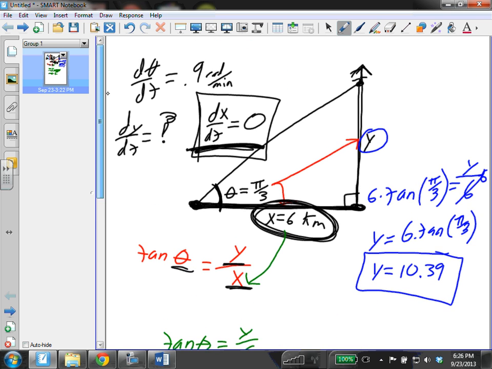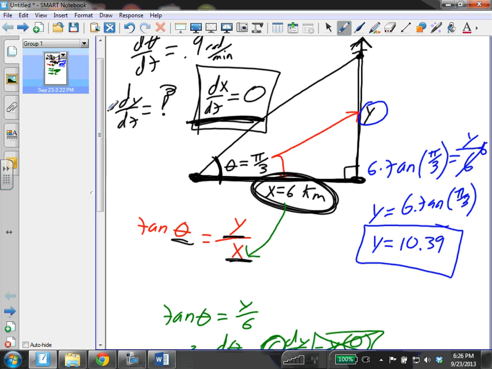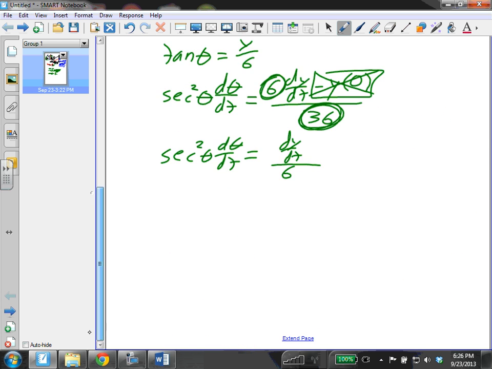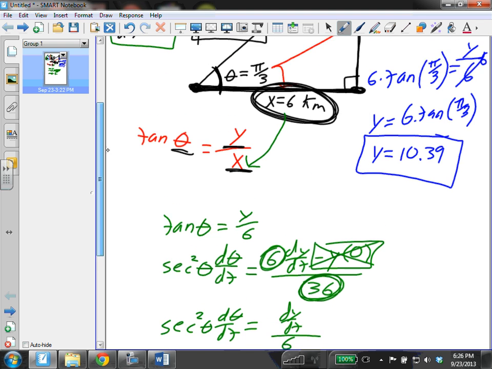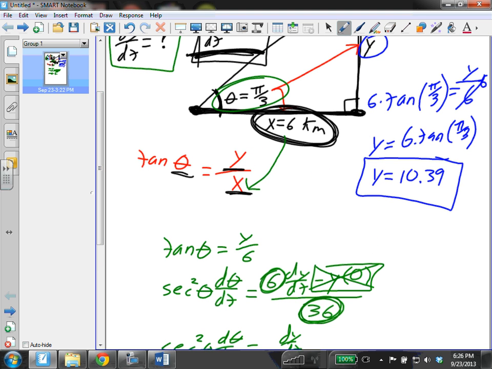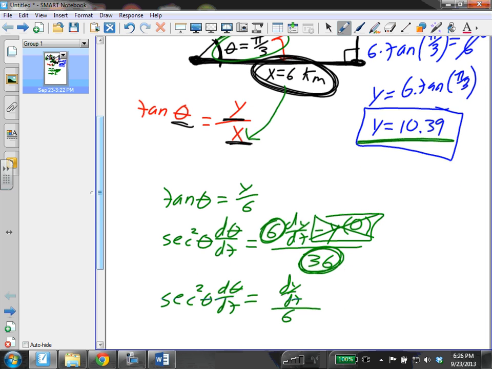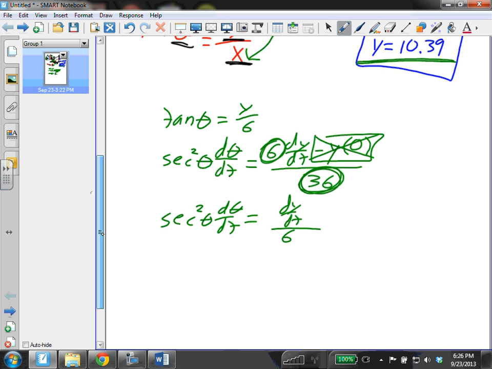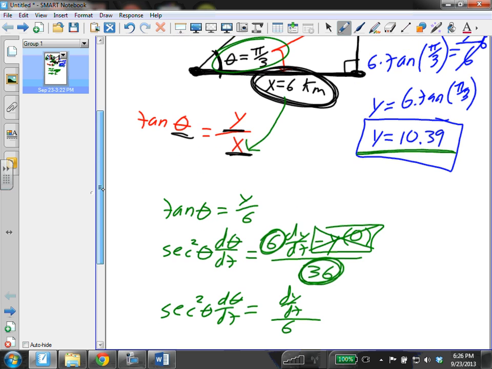The question was asking us to find the velocity of the rocket, which we've already identified as dy/dt. Everything else we need to plug in right now. So d theta/dt is 0.9 radians per minute. Theta right now is pi over 3. And y, remember, we found earlier to be 10.39. But we don't even need y, do we? All right.